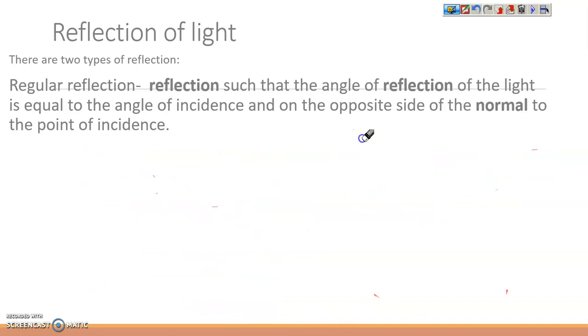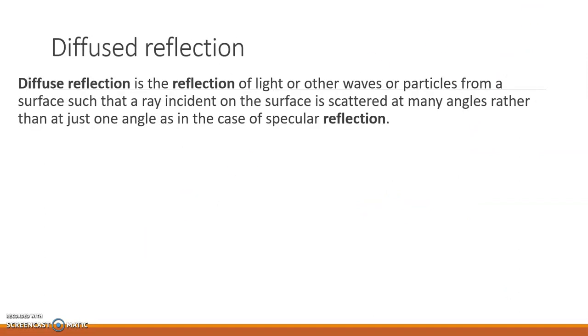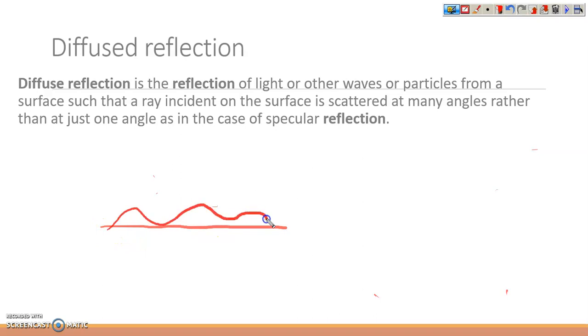Now, let's discuss diffused reflection. Diffused reflection is also known as scattering reflection because it scatters the light. And diffuse reflection is always on a rough surface. So first I will draw the rough surface here like this one, and then here like this.